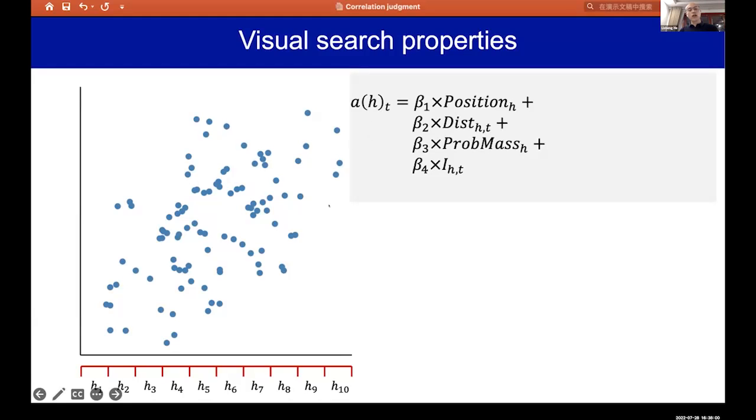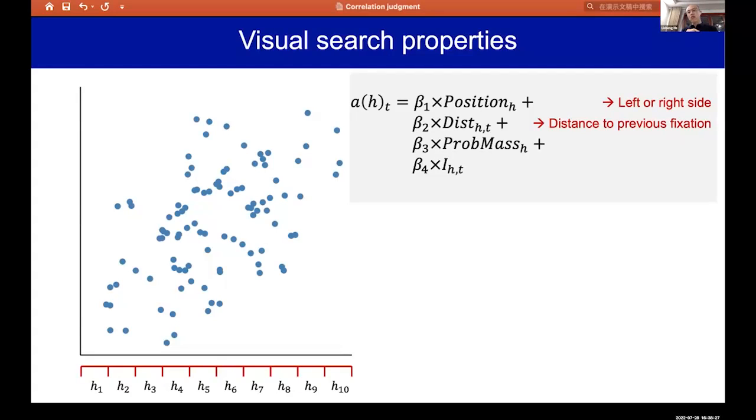And then we write the activation of each bin over here, from H1 to H10, as a function of 4 different variables. The first variable is position, which indicates whether the bin is on the left side or the right side of the screen. The second one is the distance variable, which indicates the distance from the next fixation to the previous fixation.